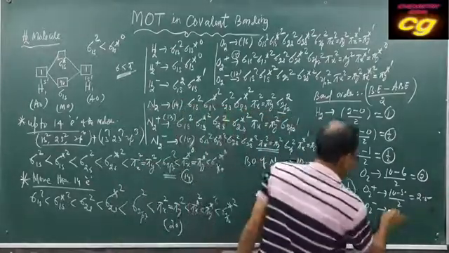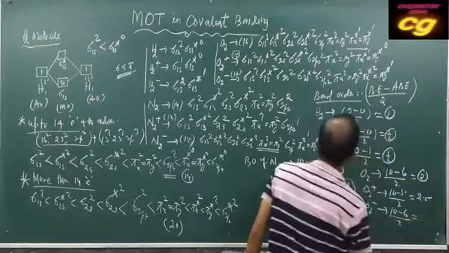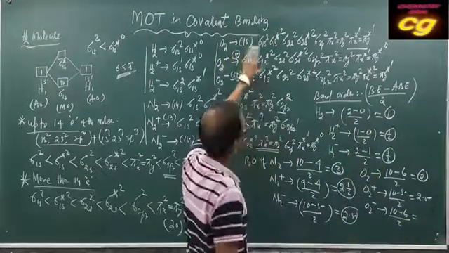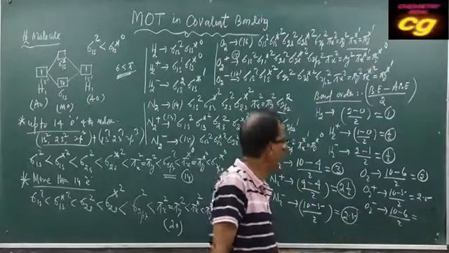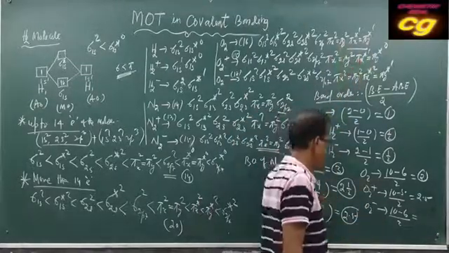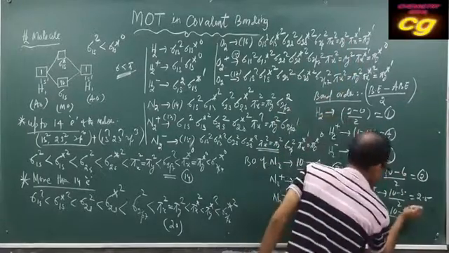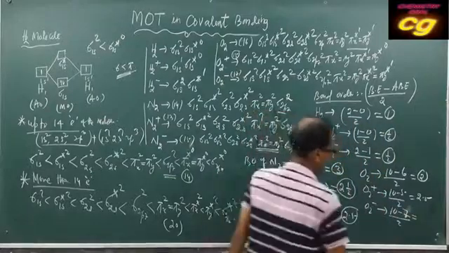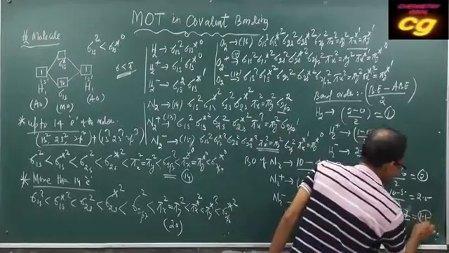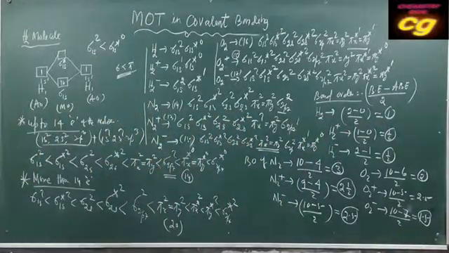O2 minus has already antibonding electrons, and another electron is added here. So 10 minus 6 becomes 10 minus 7. 10 minus 7 by 2, that is 1.5. So this is the bond order calculation.